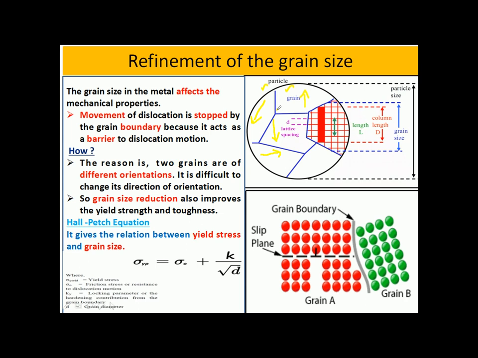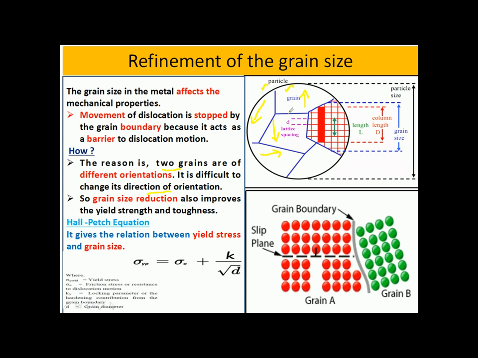The movement of dislocation is stopped by this grain boundary. The reason is that the two grains have different orientations, and it is very difficult to change the direction of orientation.